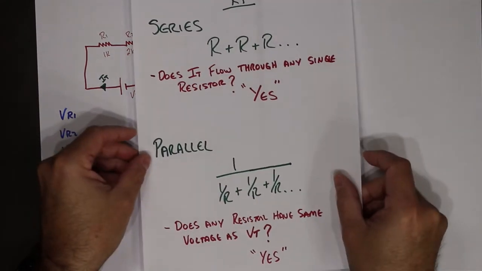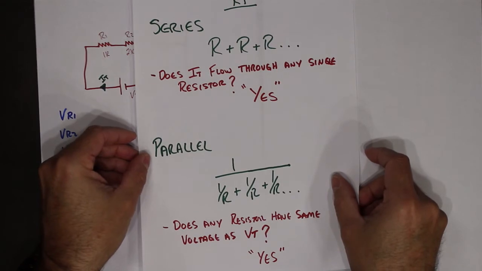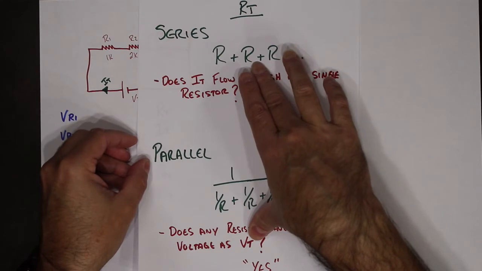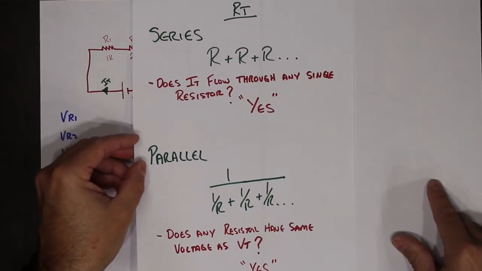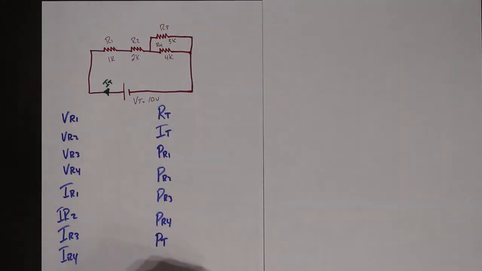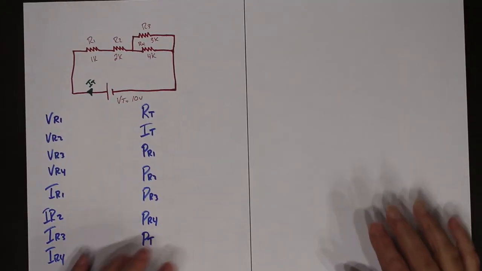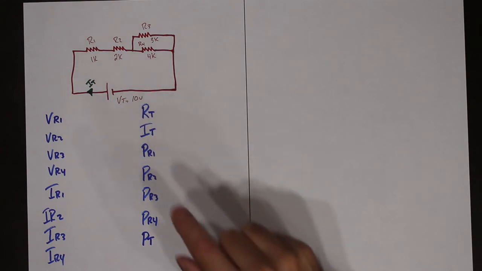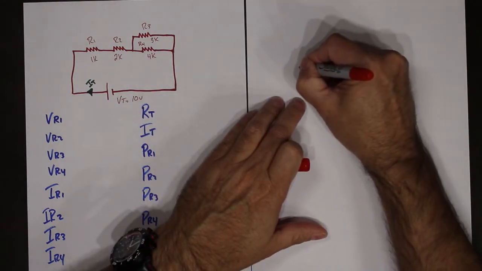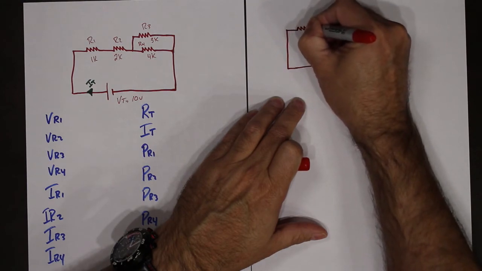If you can't remember, there is another video for solving series parallel circuits on the channel, and it runs through these little scenarios for you. So this will resolve into a series circuit that looks like this.